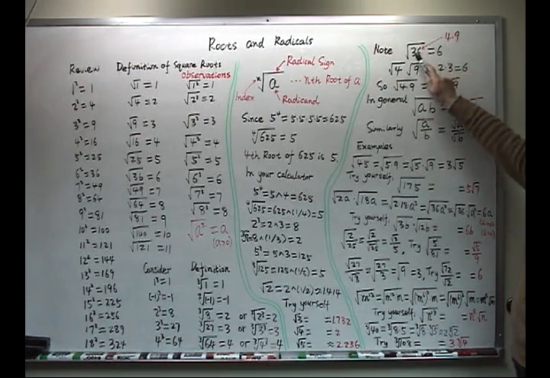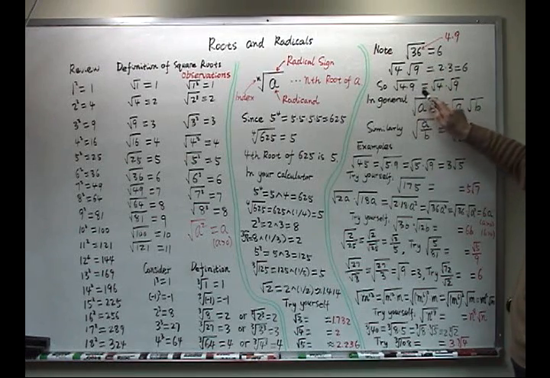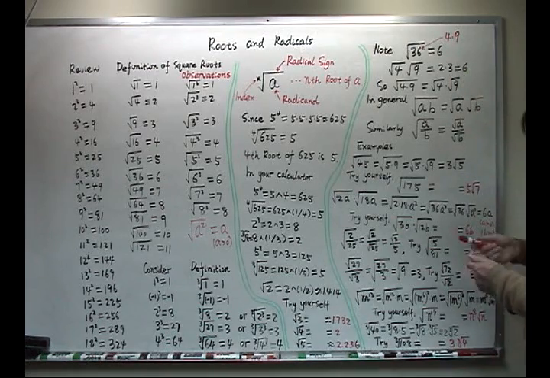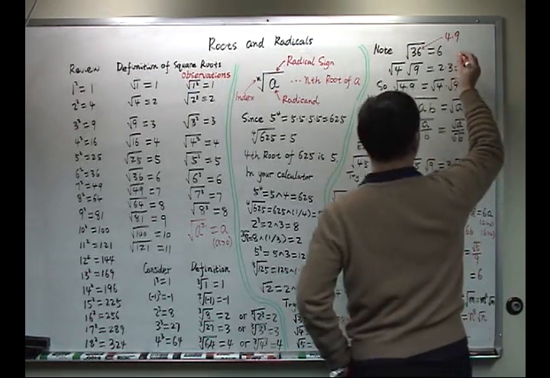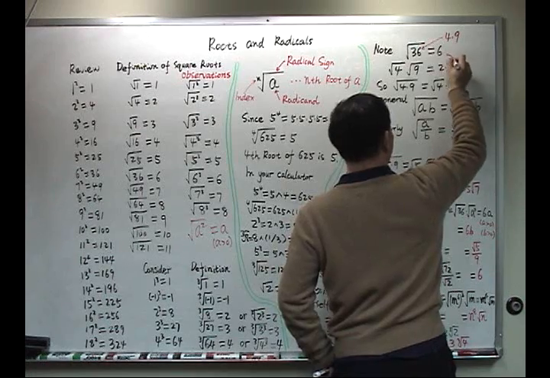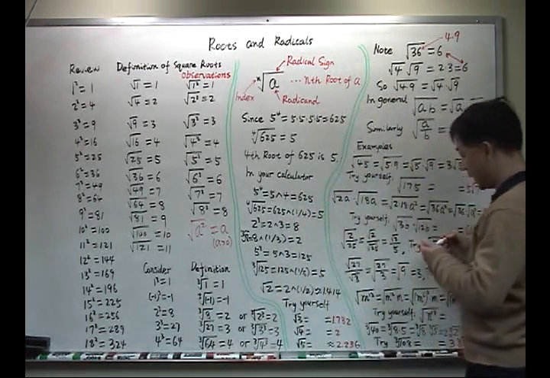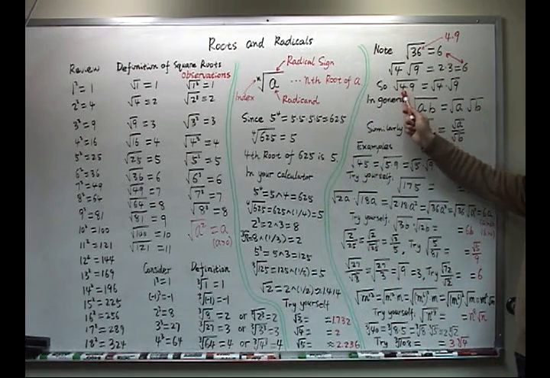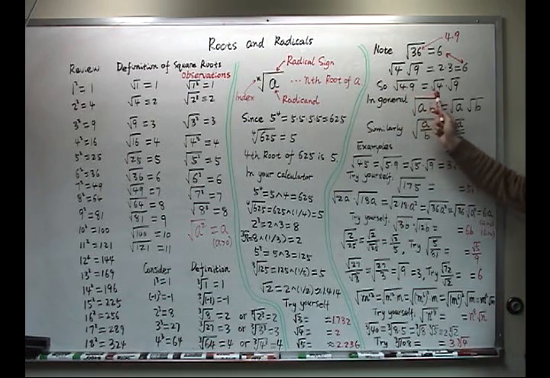That means radical of 4 times 9 equals radical 4 times radical 9, because they both are 6. Both equal 6. Now, this tells us that the radical of a product equals one radical value times another radical value.